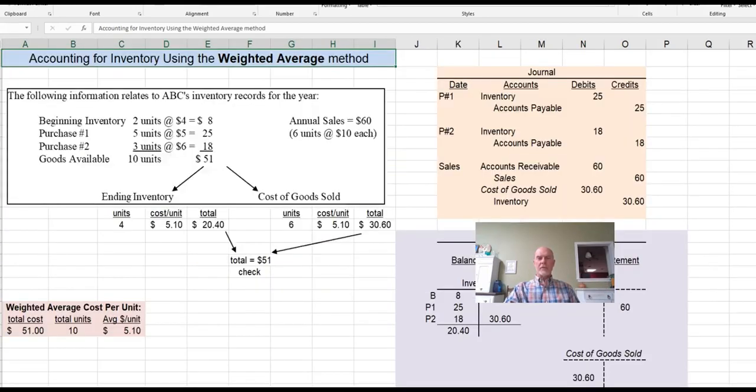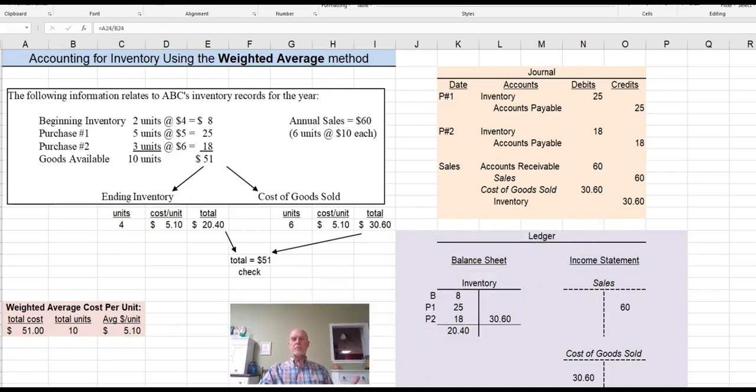So the weighted average method is we calculate the total cost of all of our goods available for sale, divide by the number of units, and that gives us our weighted average cost per unit, and we would use that to value the items we still have in inventory and also those items that we sold.